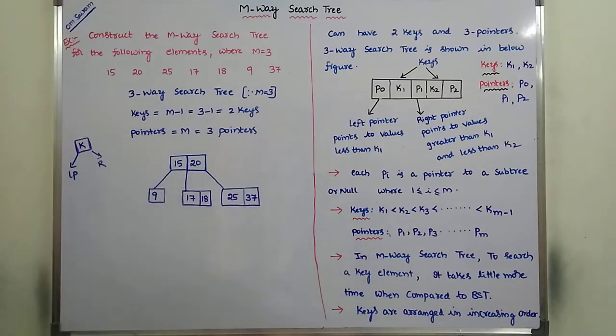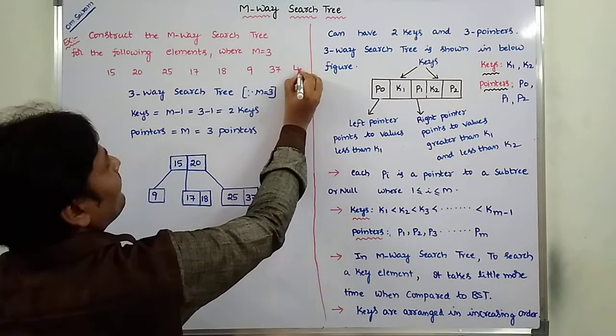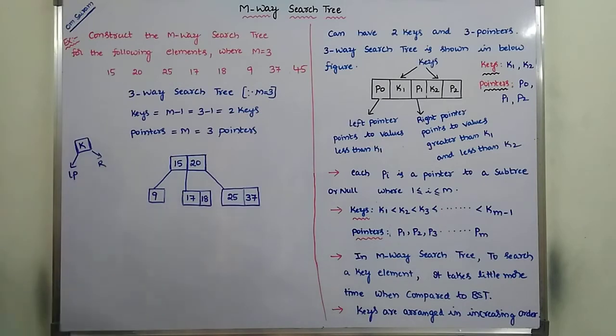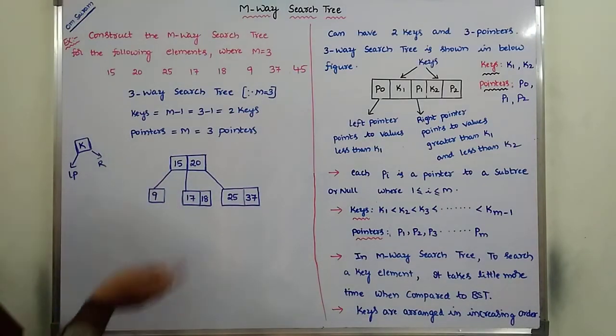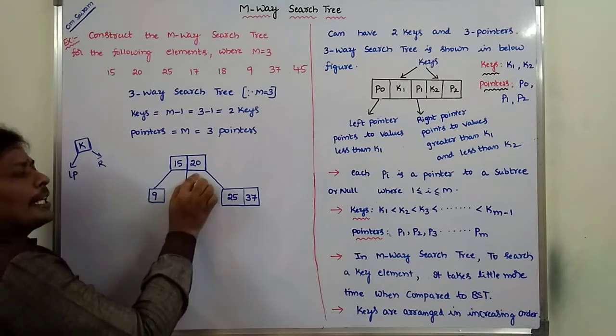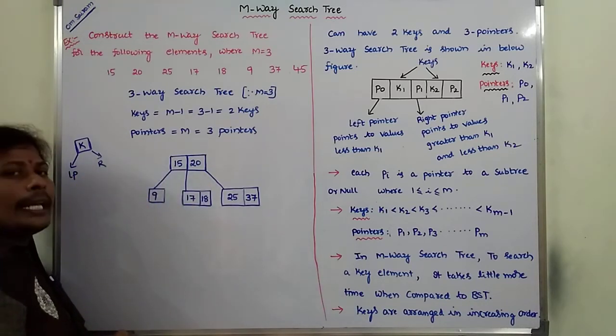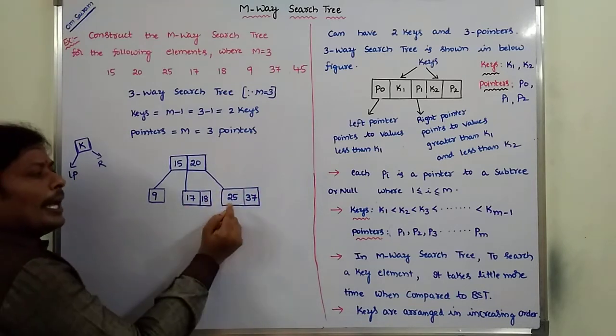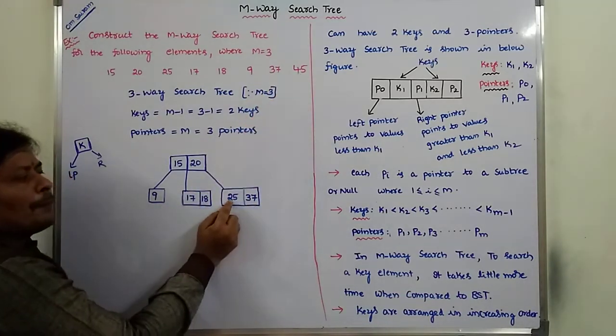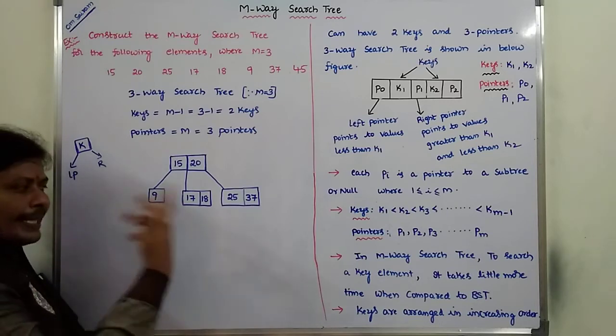Next I want to insert 45. First 45 is compared with 15, it is greater. Next 45 is compared with 20, it is greater. Go to the right pointer of 20. Here 45 is compared with 25, it is greater.